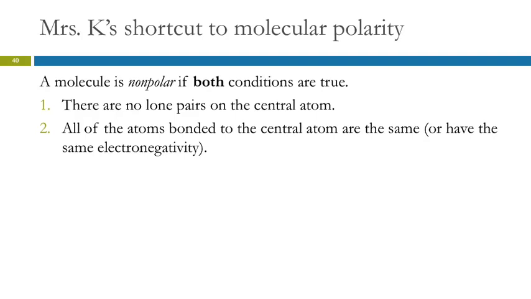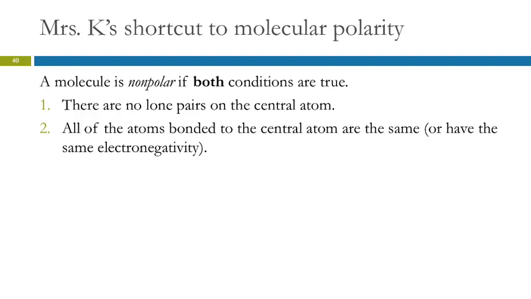So a molecule is nonpolar if both of these conditions are true. No lone pairs on the central atom. All the atoms that are bonded to that central atom are either the same element or they have the same electronegativity. When both of these factors are true, then all of the bonds around that central atom are evenly spaced and they're the same magnitude, and so all the vectors add up to 0.